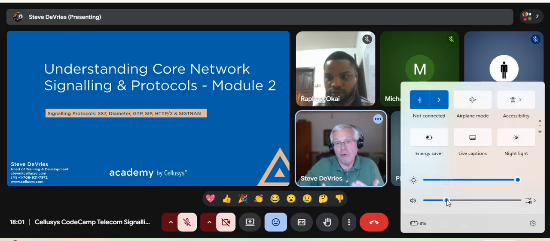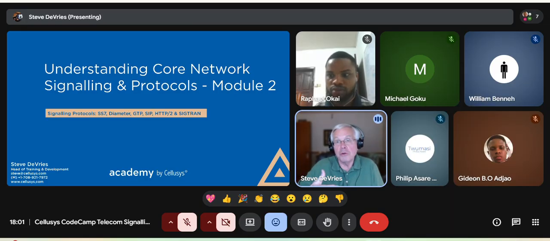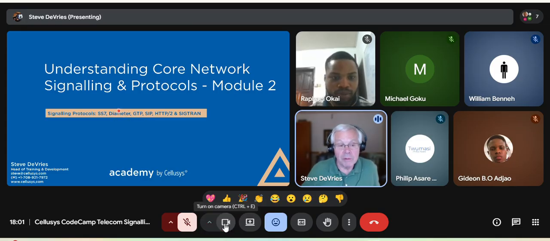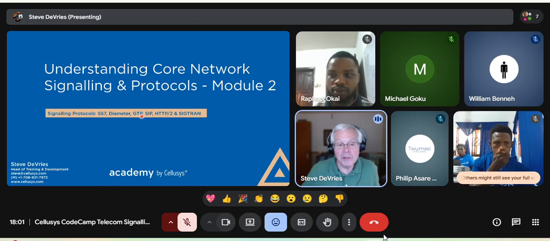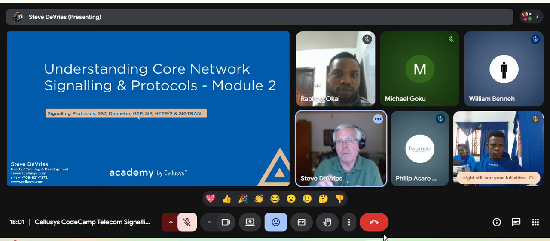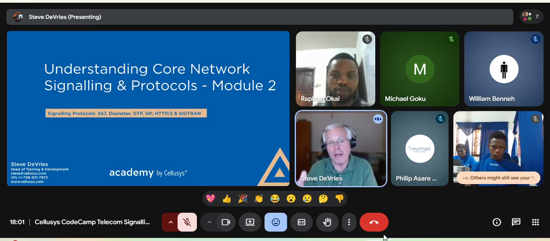By the time you get to fourth generation, you're using a different protocol, called diameter. We'll take a look today a little bit at diameter. GTP, GPRS Tunneling Protocol, is like a VPN, a virtual private network. It's a packet within a packet.